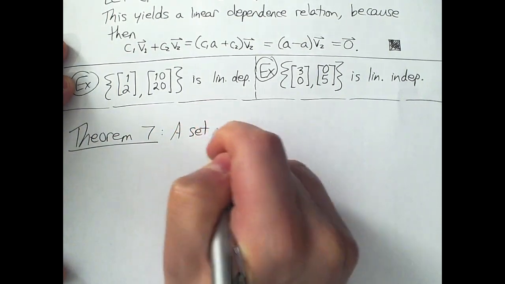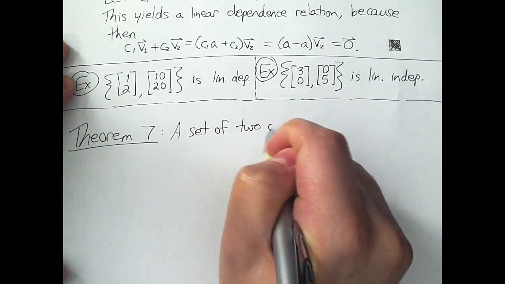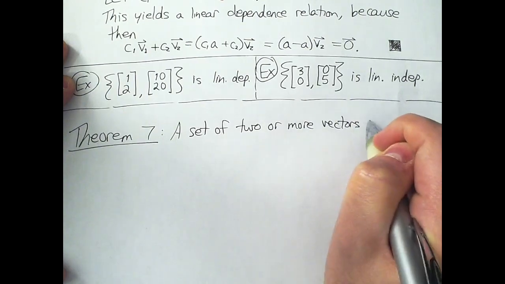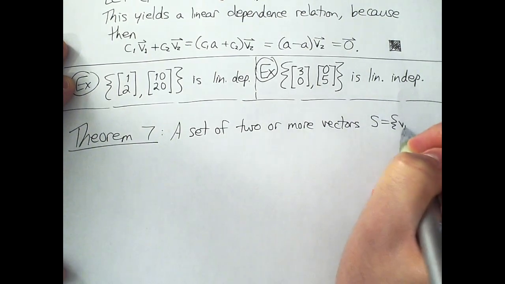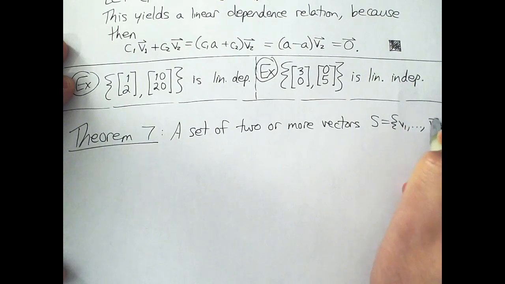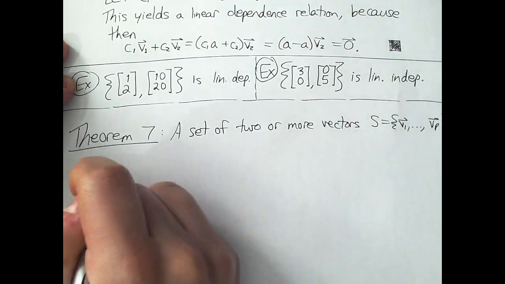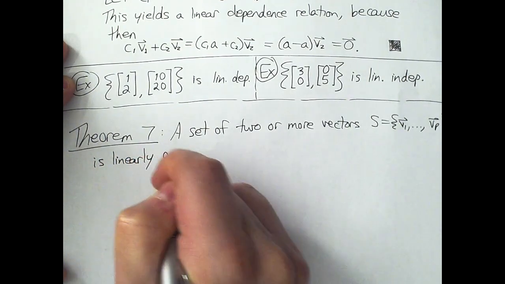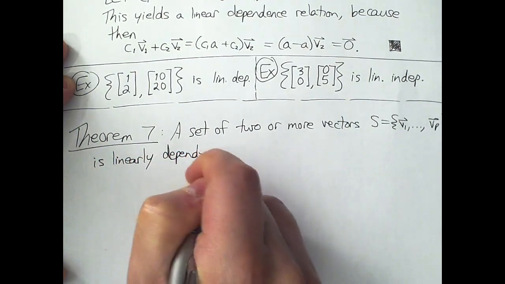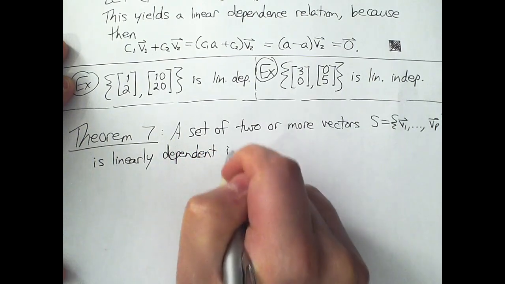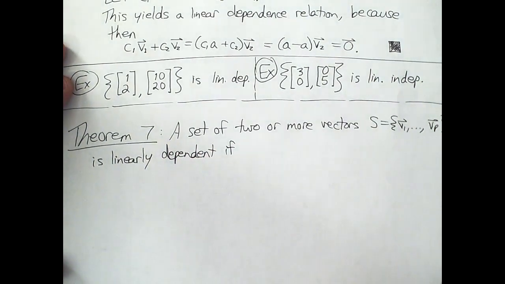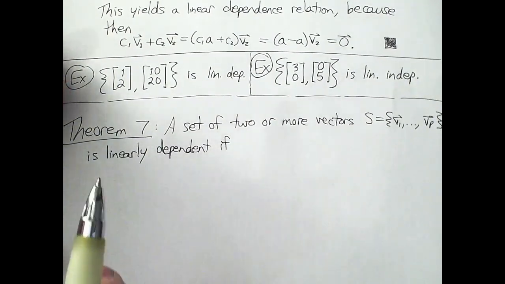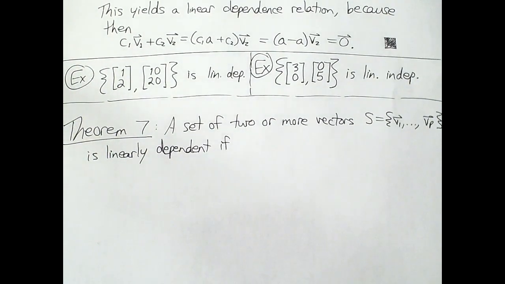It says a set of 2 or more vectors, S equals V1 through Vp, is linearly dependent if, so far, we should be looking at this sentence so far and we should be getting excited.